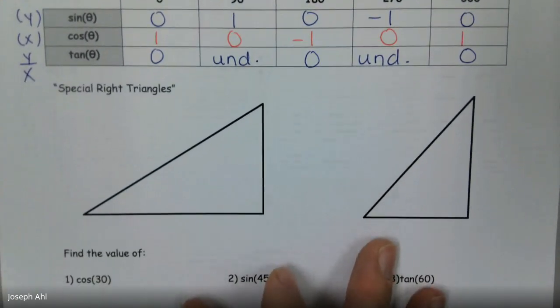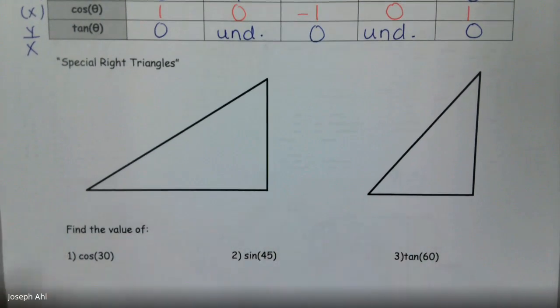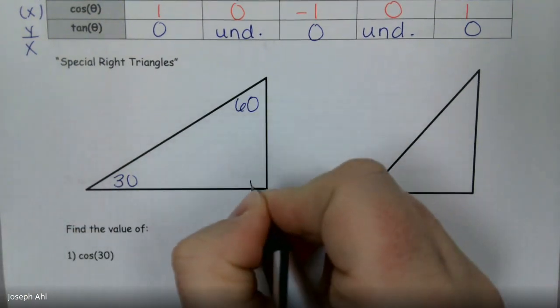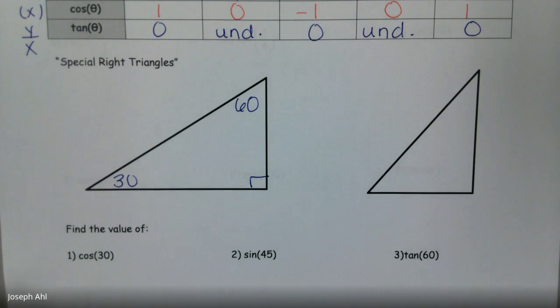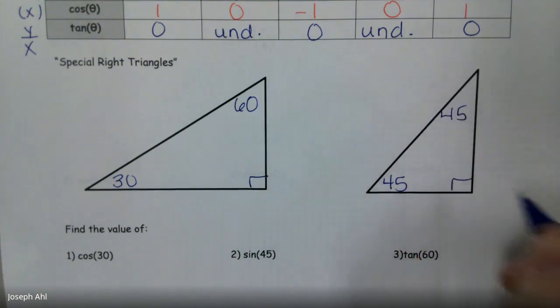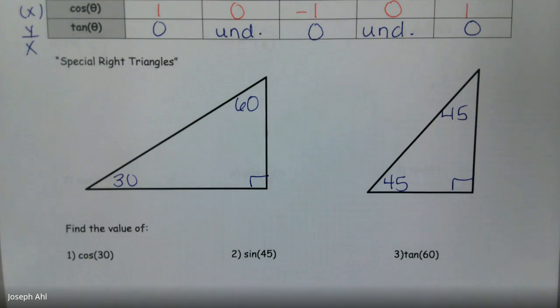What I want to do now, now that we've really developed the concept of the unit circle, is remind you of some patterns associated with special right triangles. The special right triangles that I'm talking about are the 30, 60, 90 triangles. And the other one is the 45, 45, 90. These are special triangles because the ratios of the sides are always in a really nice proportion with one another.